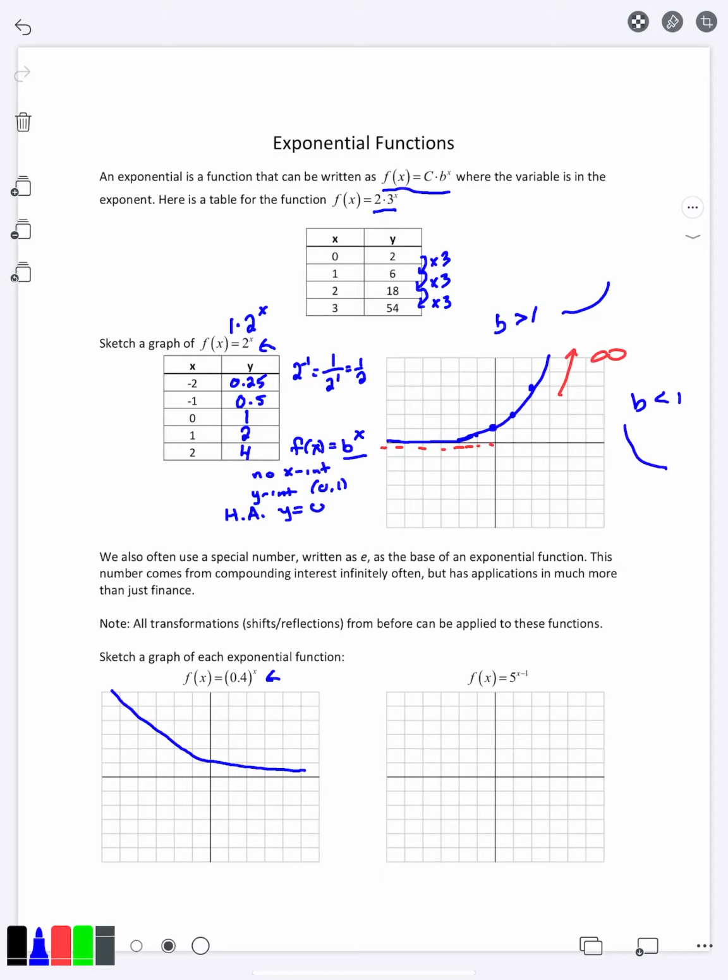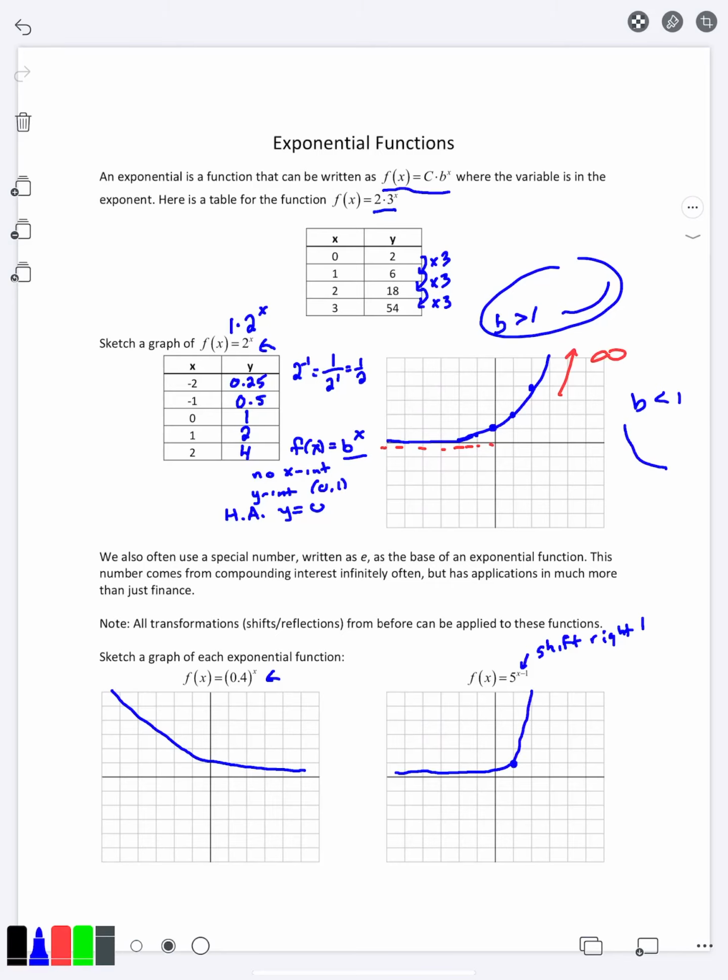This other example here, we have 5 to the x minus 1, so it's a base bigger than 1, 5. However, we are subtracting 1 on the inside, and if you remember from the translations video, this means you're going to shift right 1. So instead of it going through (0, 1), it's going to be shifting right 1 there. It's going to look something like this.